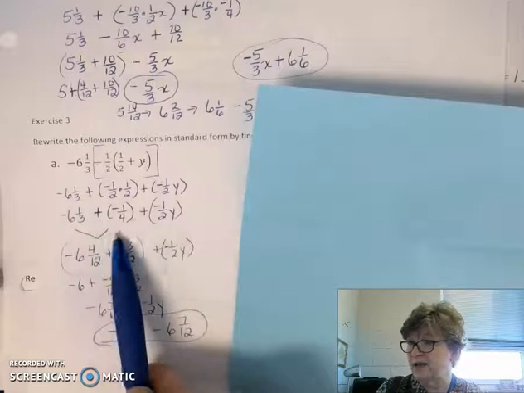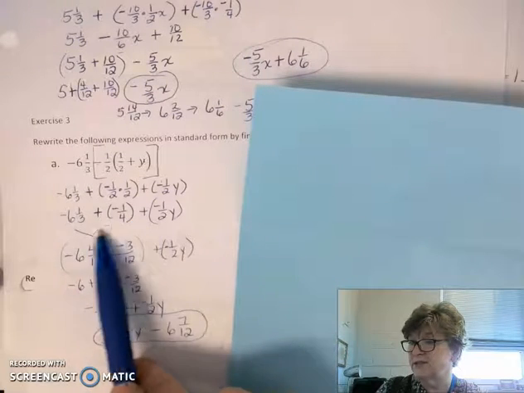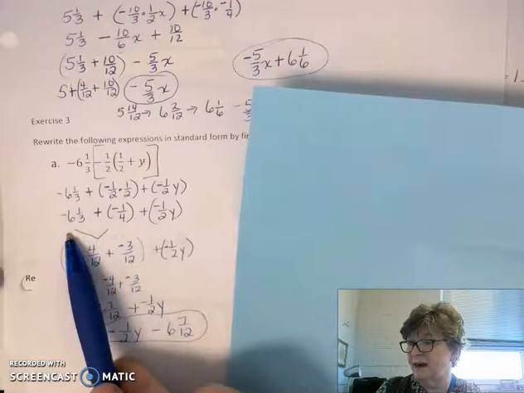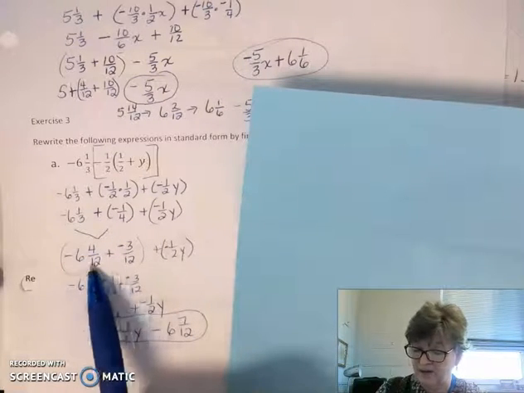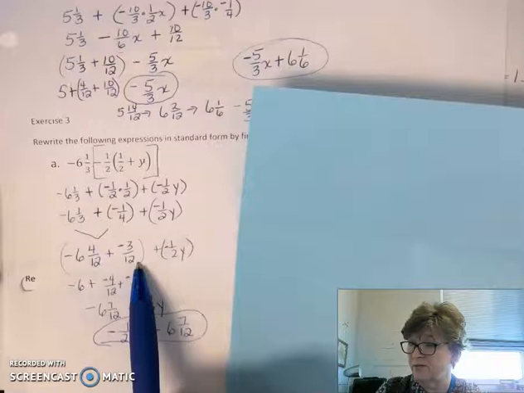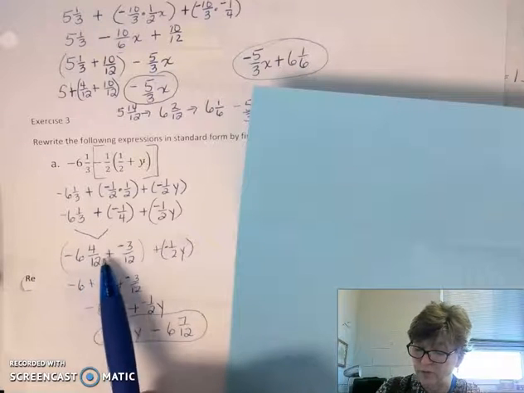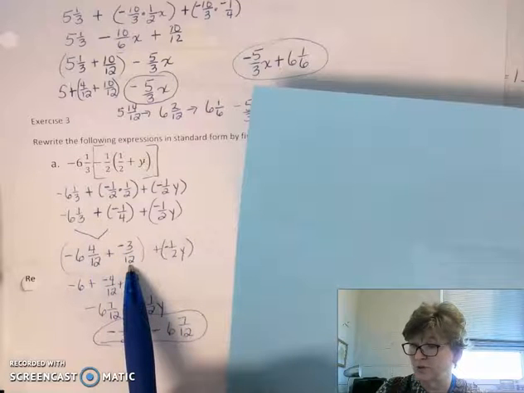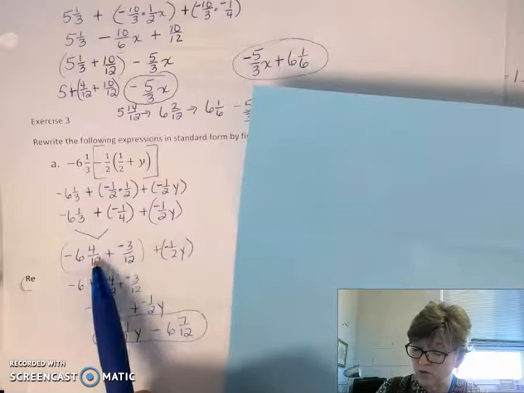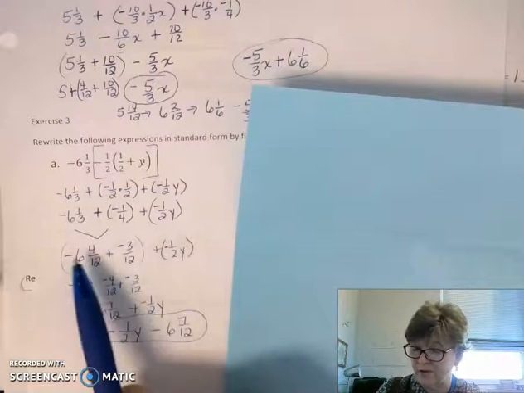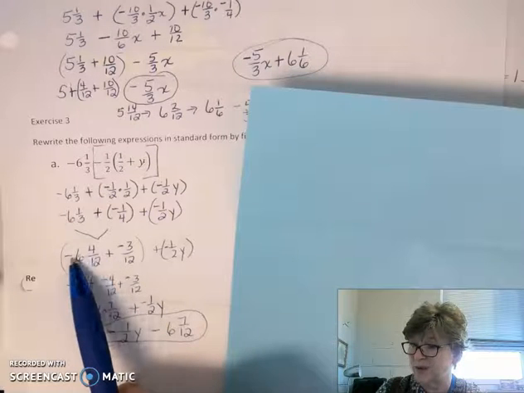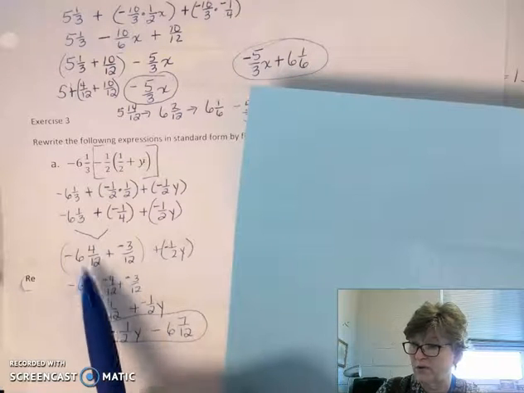And now I decided that since these are the two constants, I need to combine them, and they need a common denominator. So I have negative 6 4/12 plus negative 3/12. And remember, 4/12 is also negative because it's a part of this mixed number. This is one number.